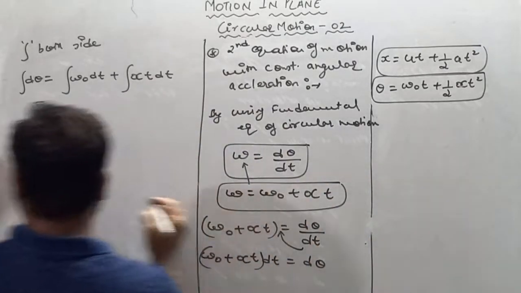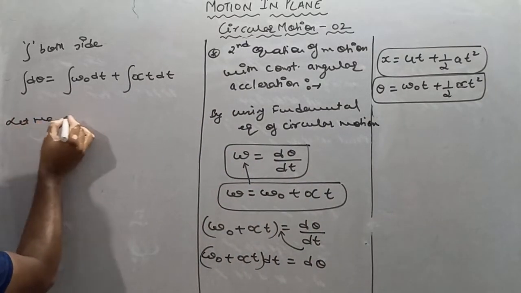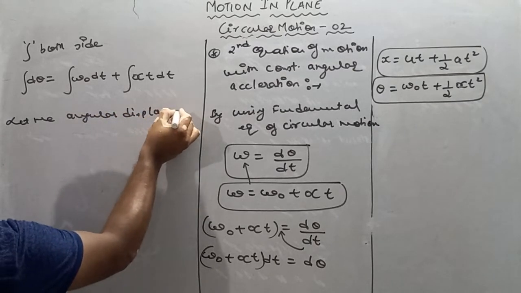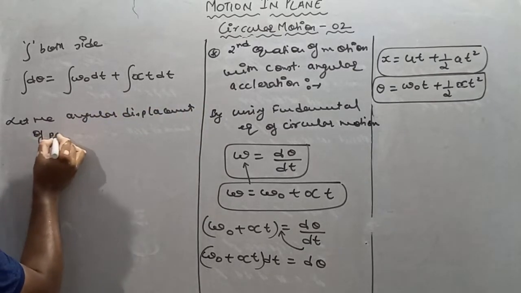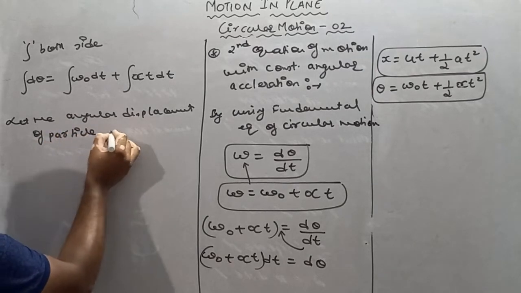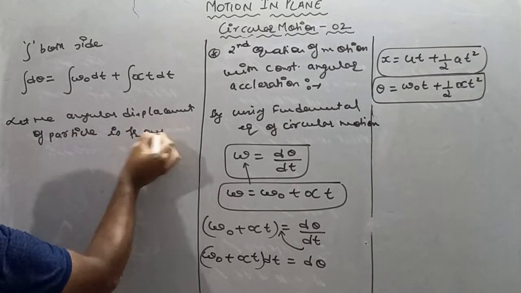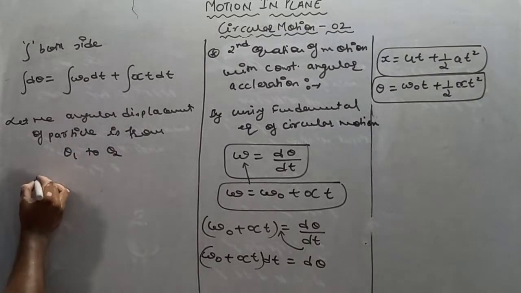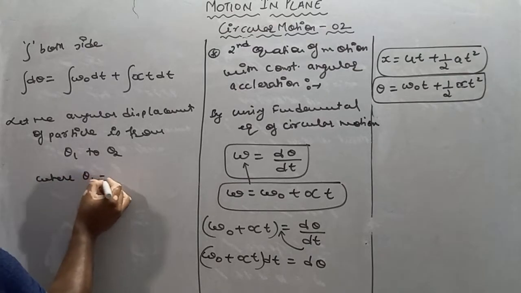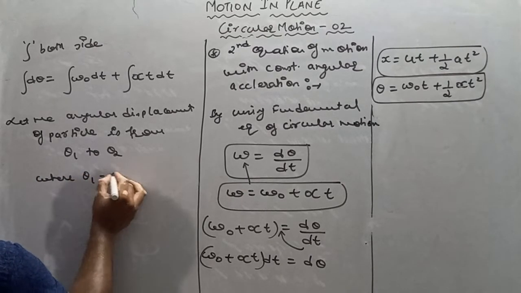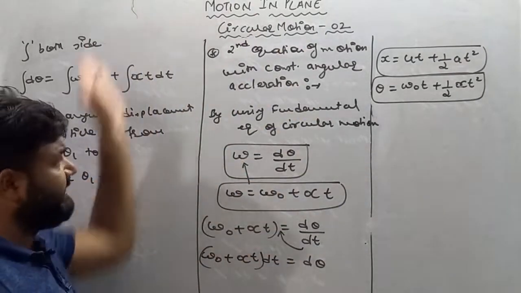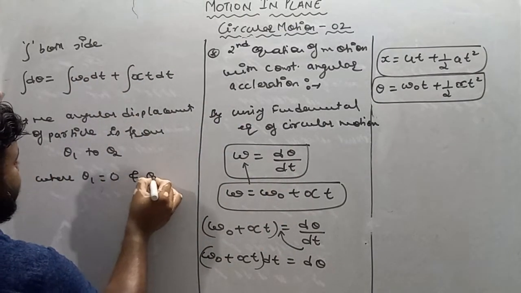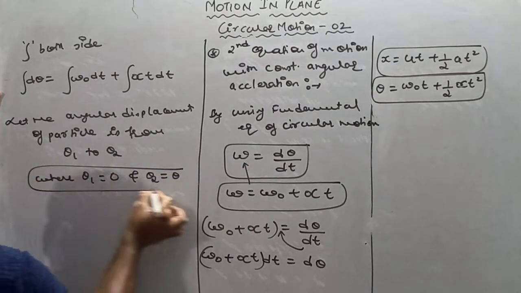I'll write here, let the angular displacement of the particle be from theta 1 to theta 2, where theta 1 is equal to 0. Let's suppose the particle starts from the origin and rotates this side. So theta 1 is considered to be 0 and theta 2, let's suppose, is considered to be theta.